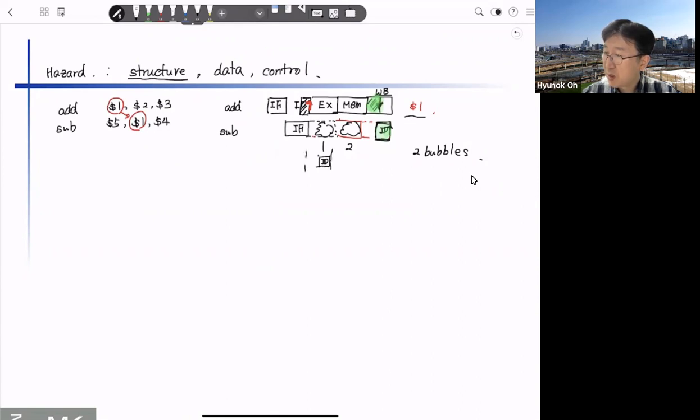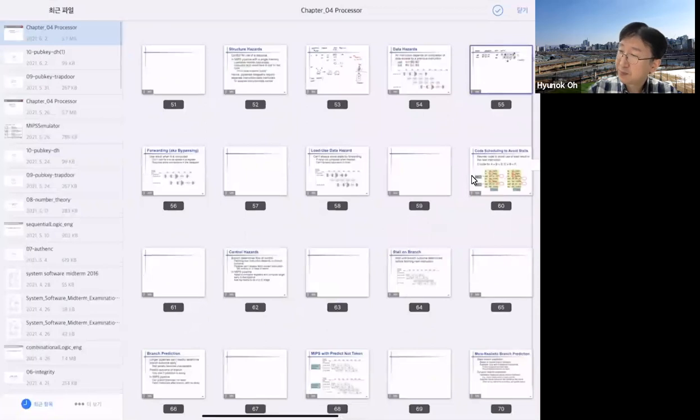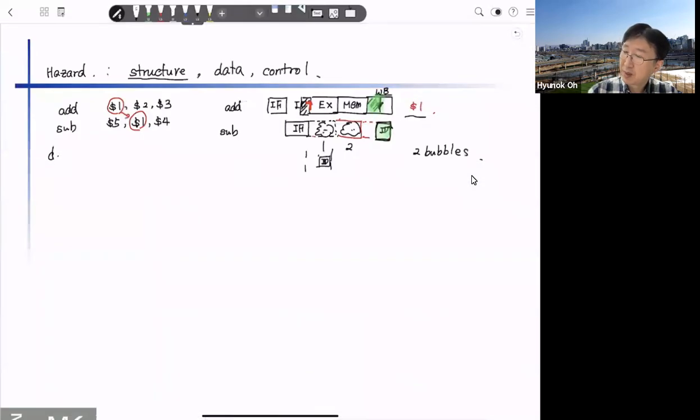But because of these 2 bubbles, the instruction decode is delayed by 2 cycles. Okay, so we have to pay a 2 cycle overhead, right? Because of this data hazard, we have to pay 2 cycles.